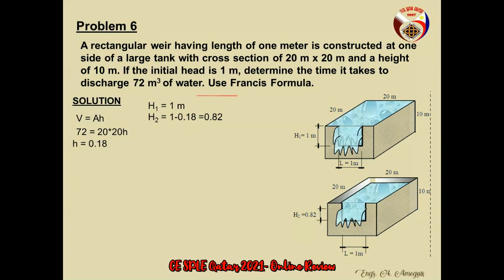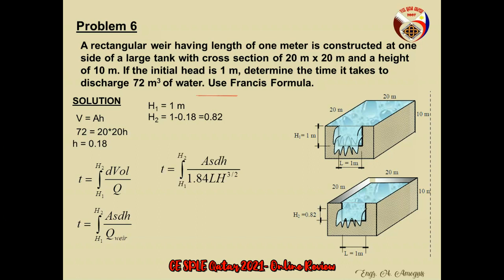Eh di, gamitan mo yung formula. Yung time is integral of dH over Q ng weir. And yung weir mo is Francis formula, 1.84. Ito pa rin yung gamit mo. D volume over Q. Yung volume mo, the volume is A times dH. Kagandahan nito, yung A mo is constant, 20 by 20. Yung Q ng weir is 1.84 pa rin kanina.